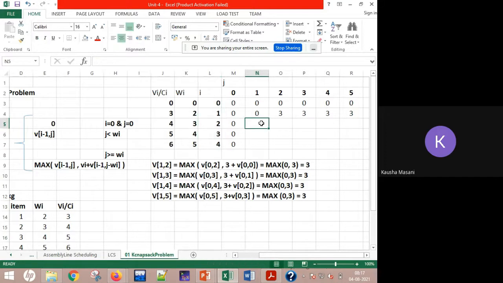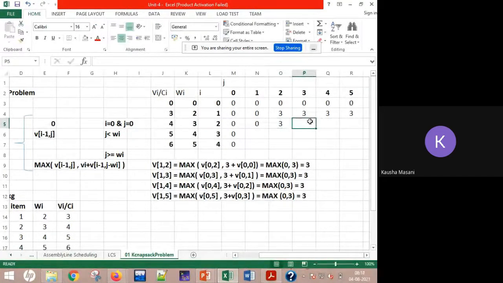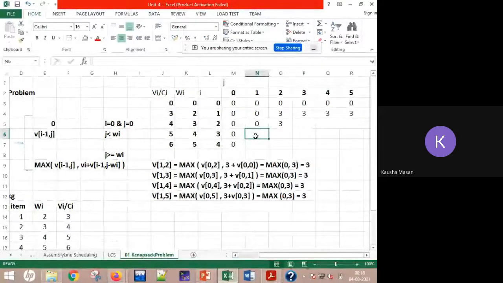So here in my row 2, I is equal to 2. So here blindly you can write 0 and 3. Then you compute the next values here, that is 2 comma 3, 2 comma 4 and 2 comma 5. If you come here, I equal to 3, then copy the same values till the weights are less than 3.